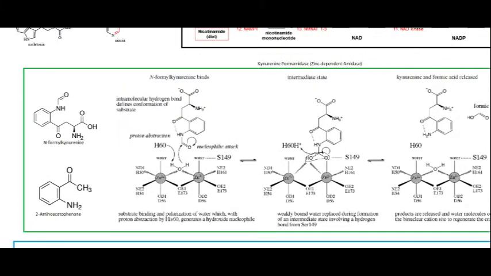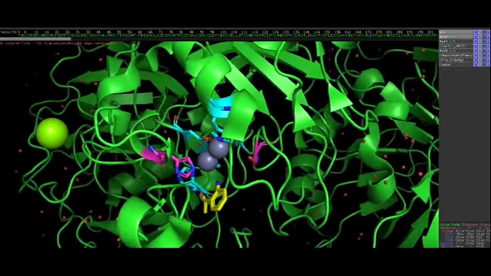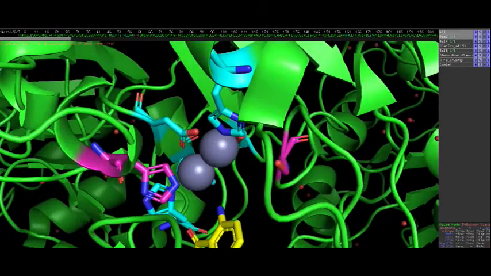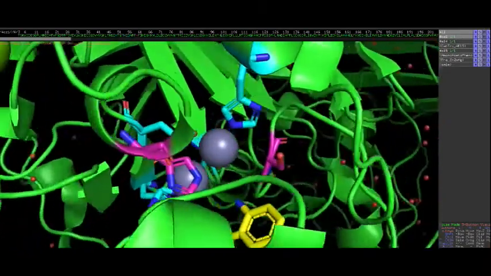And so this here is the structure of the N-formyl kynurenine. I put this here, this 2-aminoacetophenone, because in the structure I have, that is actually what they have bound into it. This is an inhibitor of the enzyme. And so if we look at that structure here, we can see in the dark gray here the 2 zinc ions.